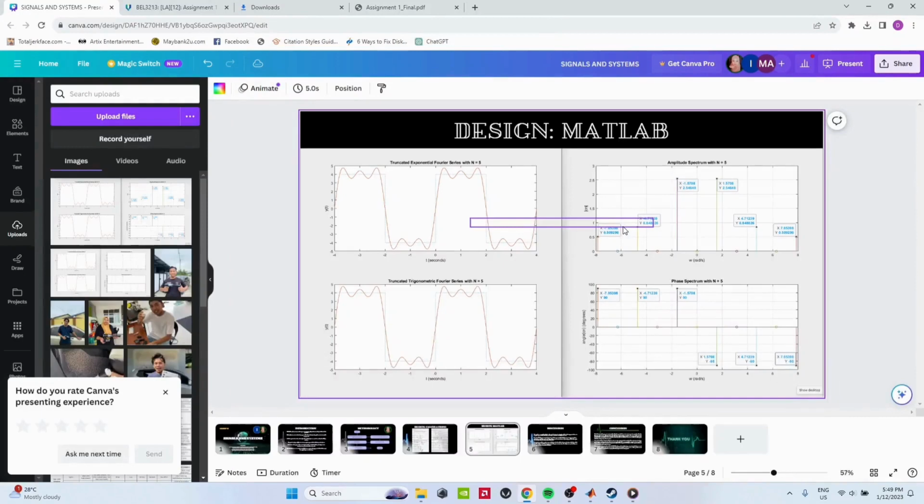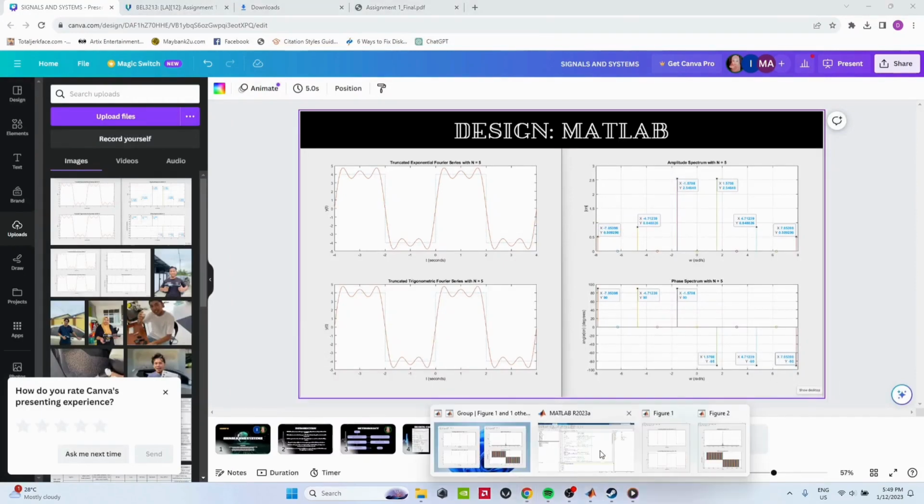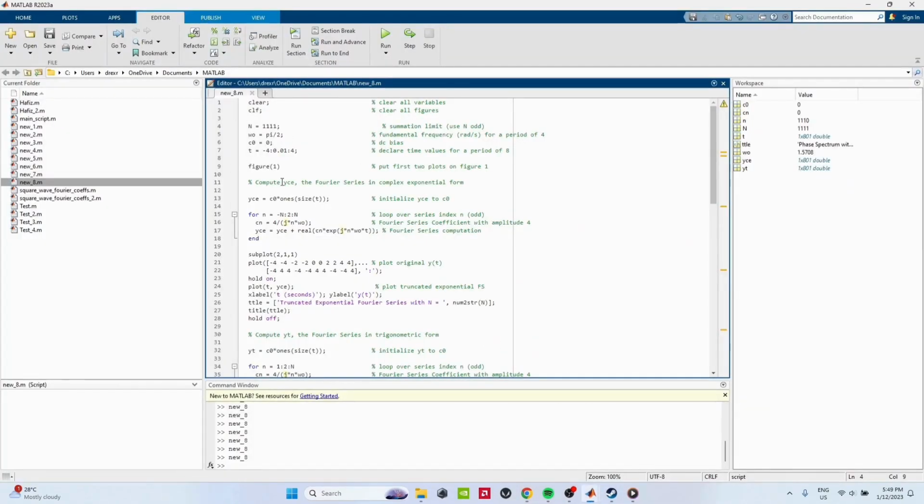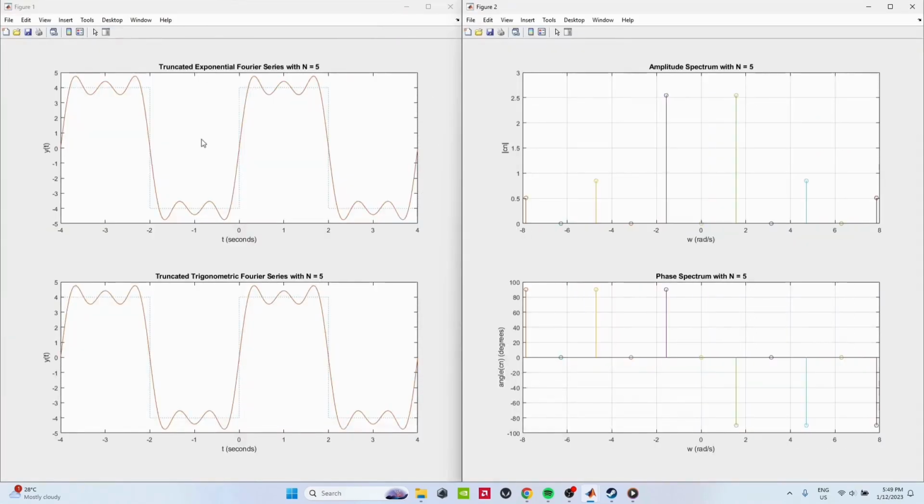Next, I am going to demonstrate the usage of the code. I'm going to use the initial number of 5 as shown in the slide. So when n harmonic is equal to 5, we will get the same graph as the one shown in the slide.